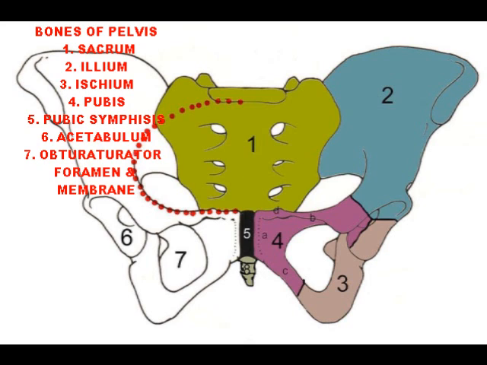Number five is the pubic symphysis. Six is the acetabulum, which is the hip socket joint for your hip bone, thigh bone. Seven is the obturator foramen and the membrane.